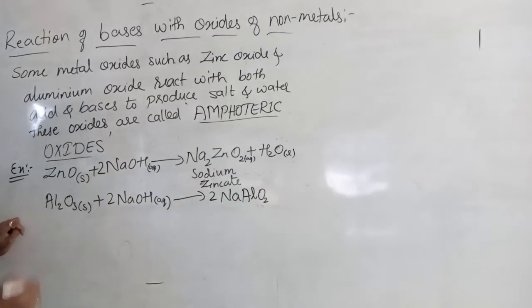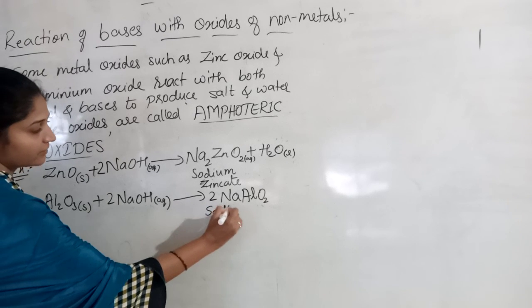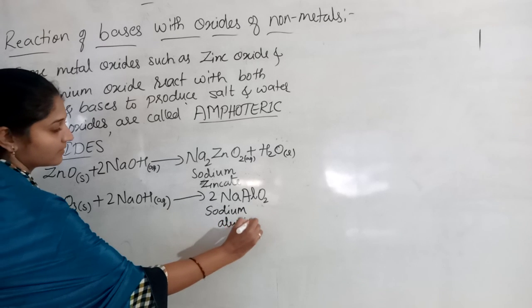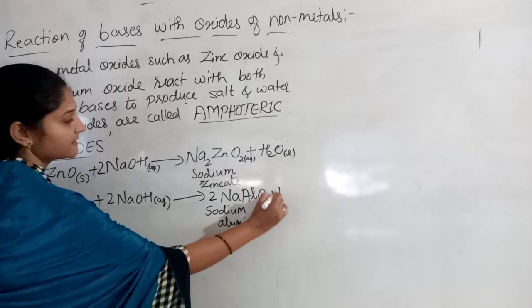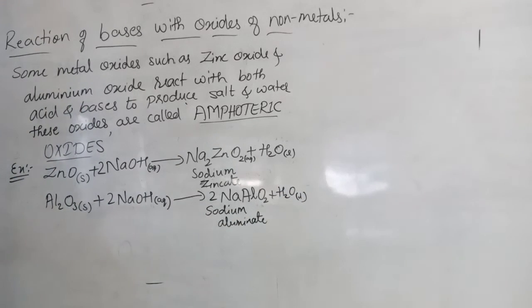Write it down: sodium aluminate plus water. So the metal oxides, especially zinc oxide and aluminum oxide, when they react with acids as well as bases, form their salt and water.